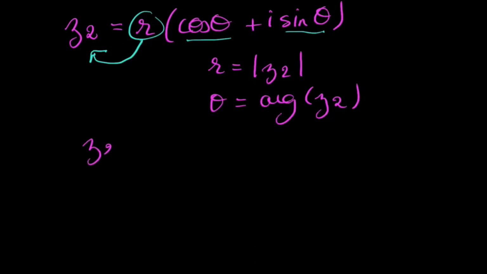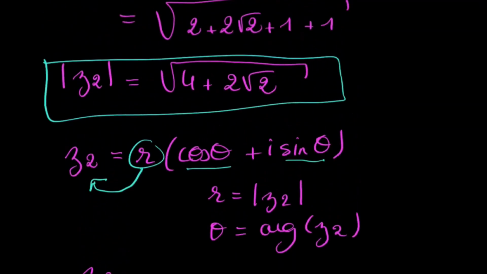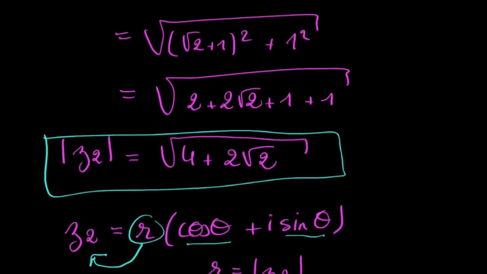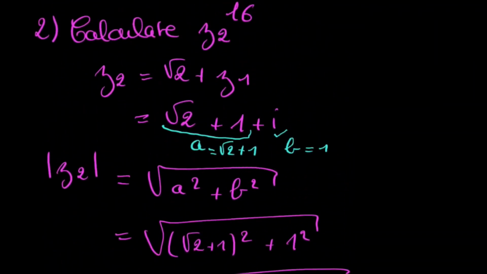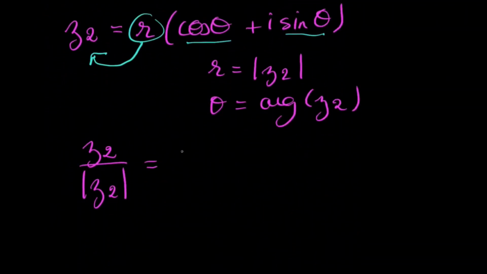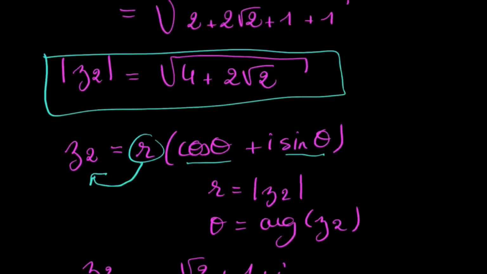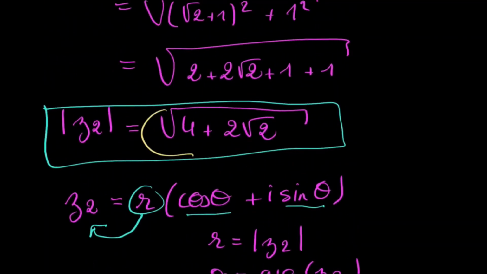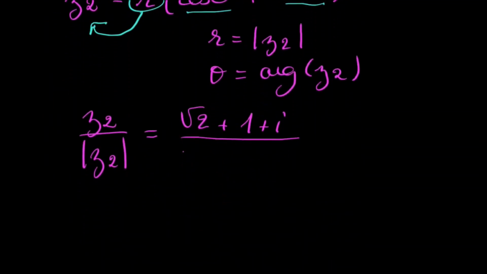So we take the value of z2 that we have here: the square root of 2 plus 1 plus i, and we divide by the modulus of z2 that we found, the square root of 4 plus 2 root 2.